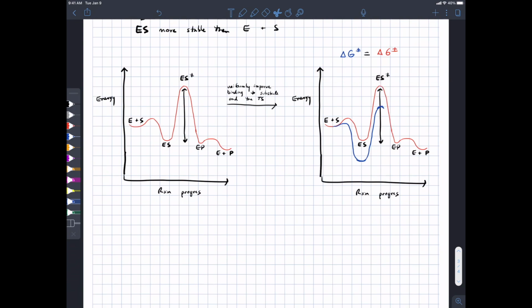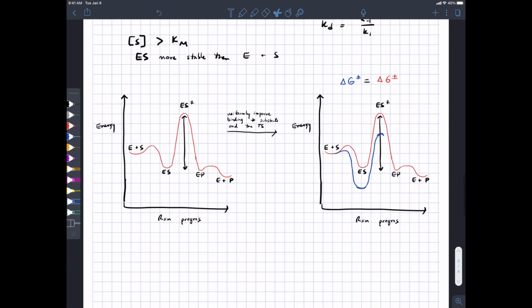Go ahead, Josh. So just verifying, you're saying that the concentration of S is much greater than Km? That's right. If we just oversaturated the enzyme, does this thermodynamic picture necessarily look the same way?